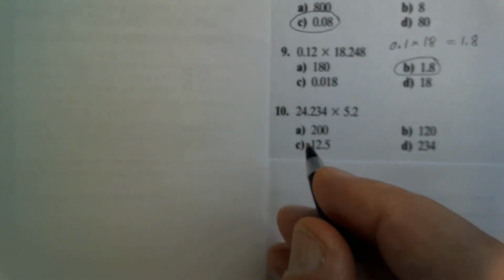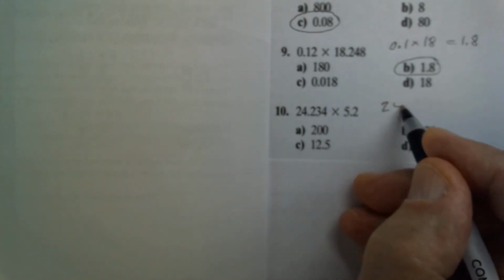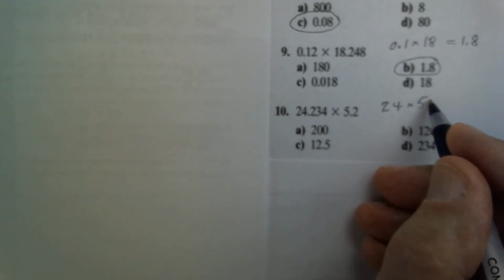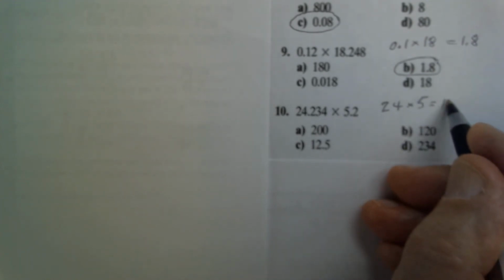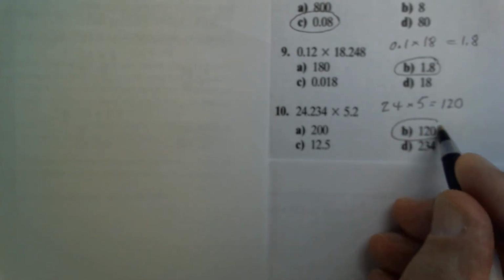For number 10, we round 24.234 to 24, round it down, and we round 5.2 down to 5, and 24 times 5 is 120. B is the correct estimate.